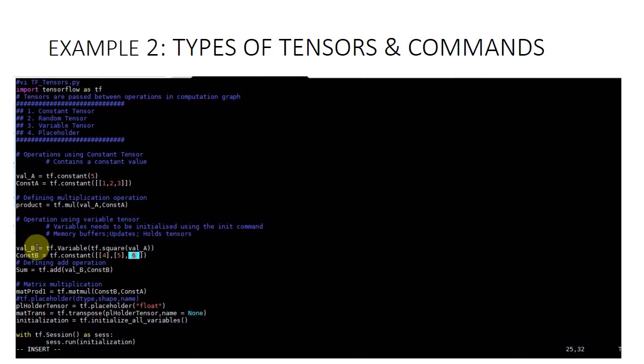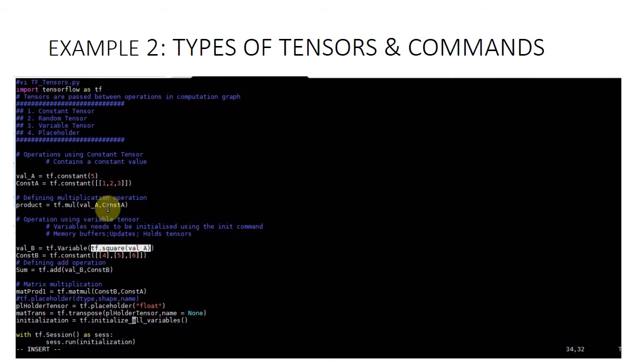So variable tensors are always associated with the initialization command that we have here. Once you launch your session and you run this command using that session, you can have your value_b, that means your variable tensor initialized with the value that you really wanted it to be initialized.